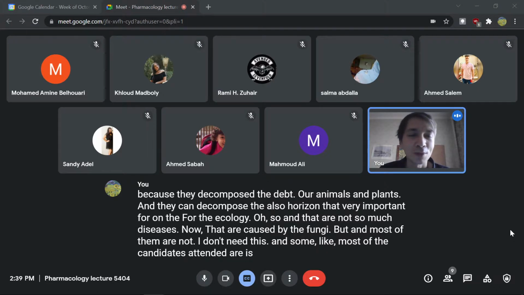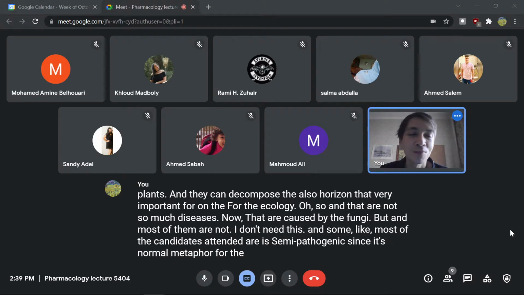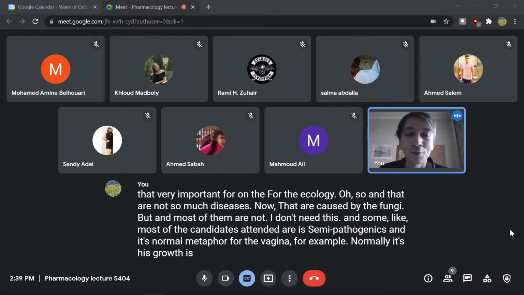Some, like most of the Candida diseases, Candida is semi-pathogenic, so it's normal microflora for the vagina, for example, and normally its growth is suppressed by the bacterial flora.